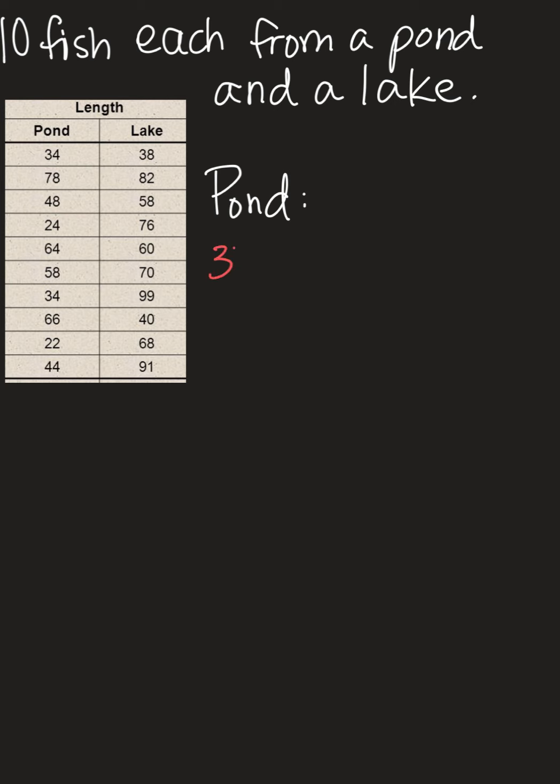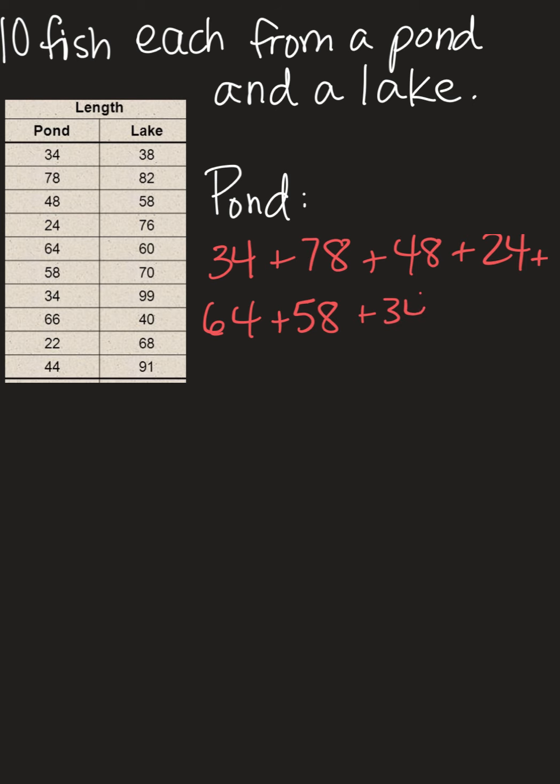So I'm going to say 34 plus 78 plus 48 plus 24 plus 64 plus 58 plus 34 again plus 66 plus 22 plus 44, which equals 472 total, 472 inches.